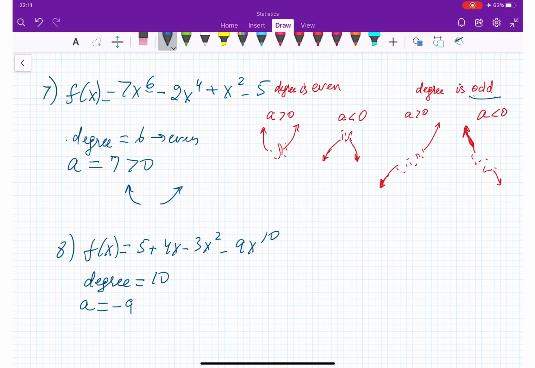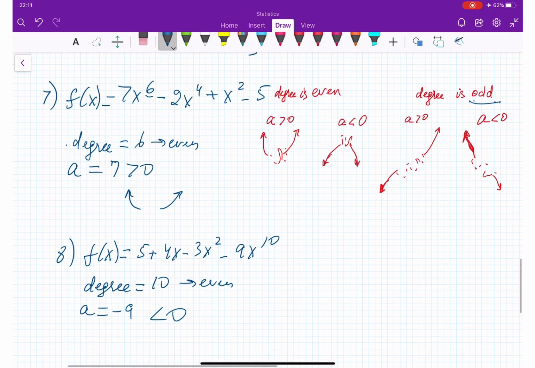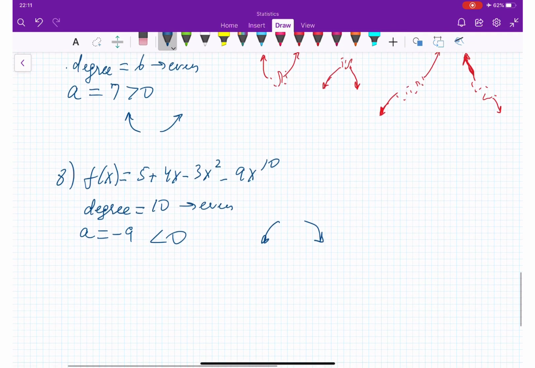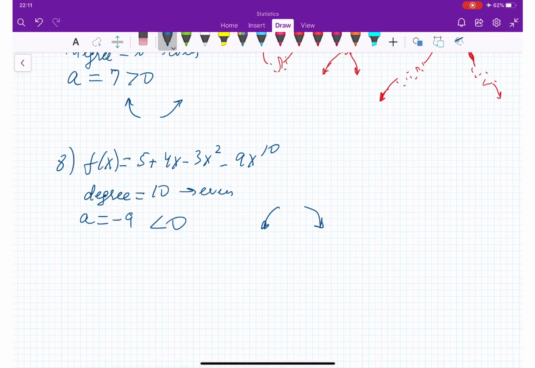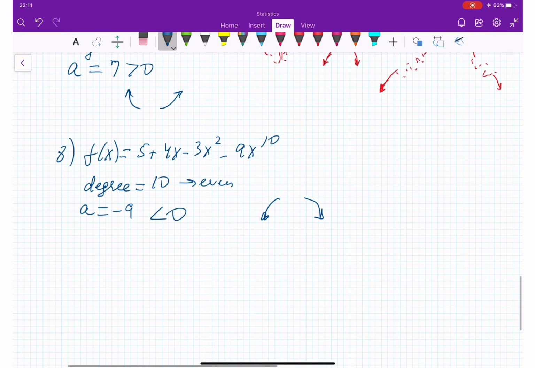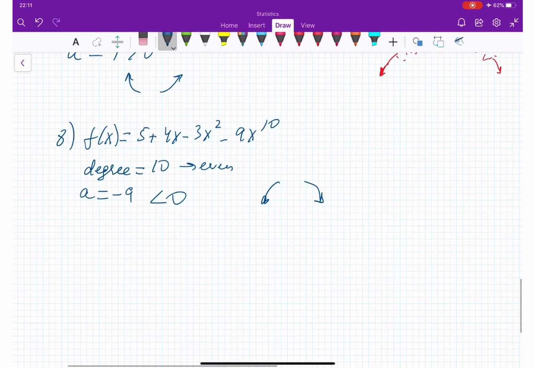So here we have even, here we have less than 0. Even and less than 0, this is going to be this one. So the answer is going to be down, down, both are down. Question number 9, we need to graph.